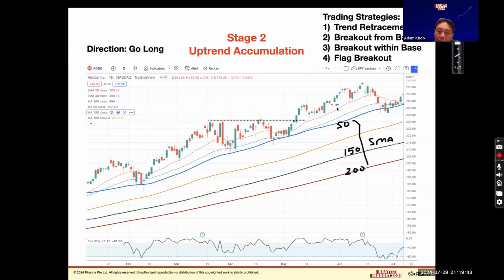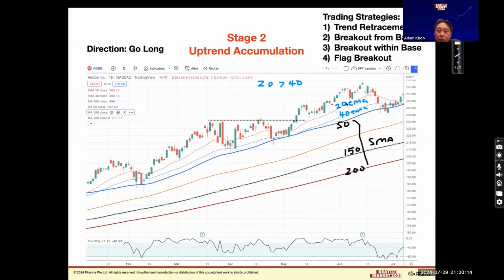So this is a 20 exponential moving average. We call it 20 EMA. And this is a 40 EMA. Okay. So for me, I would only buy if, write this down, on a stage 2 uptrend, I will only enter if the 20 is above the 40.